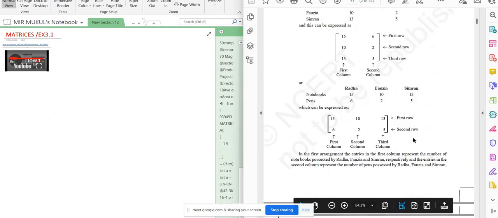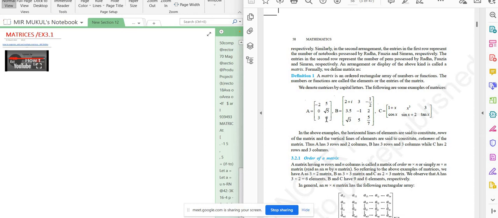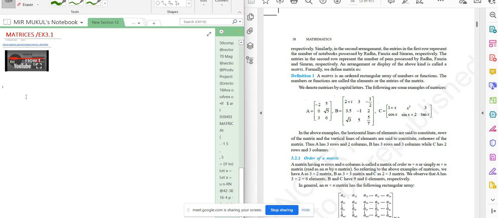Okay. So write the definition of matrices. So number one concept. First concept, matrix definition.